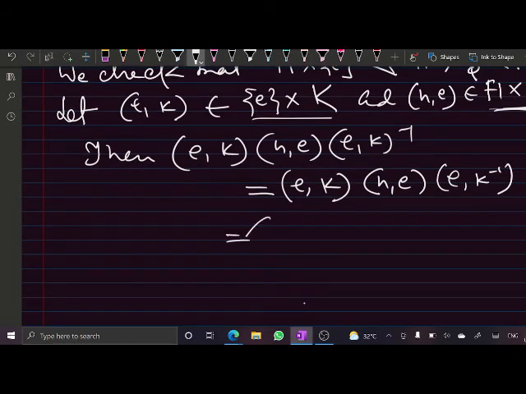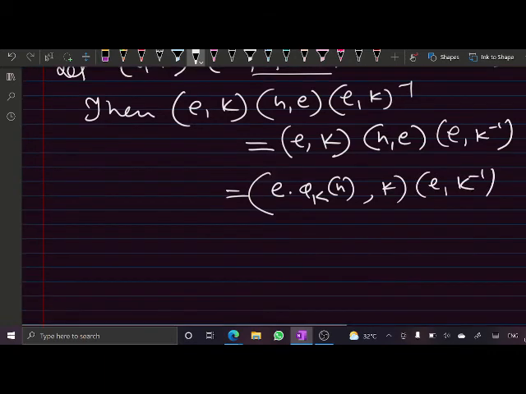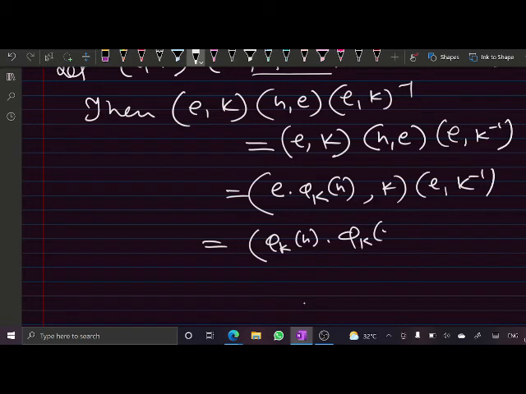Therefore this is (e · phi_k(h), k) times (e, k^{-1}). And then again it is (phi_k(h) · phi_k(e), k k^{-1}).